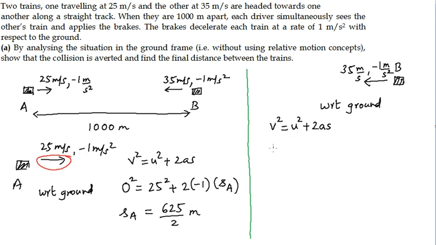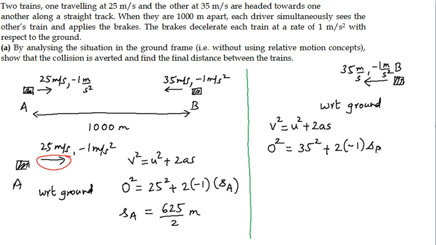When train B finally stops, which it must at some point of time, V is equal to 0. So I have 0 square equals 35 meters per second the whole square plus 2 multiplied by minus 1 meter per second square multiplied by SB, the displacement which train B undergoes in the leftward direction by the time it stops.